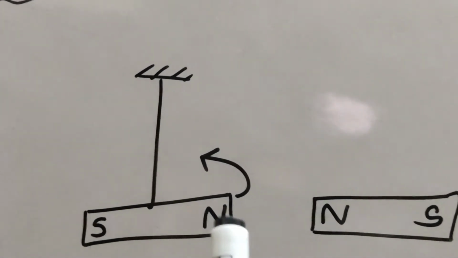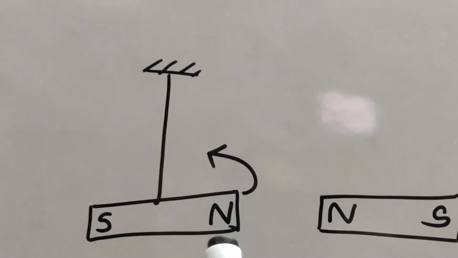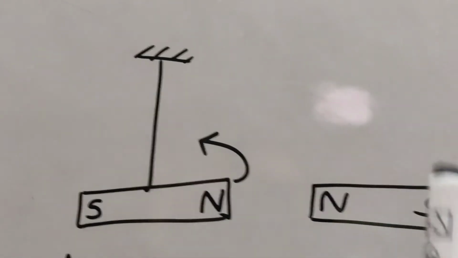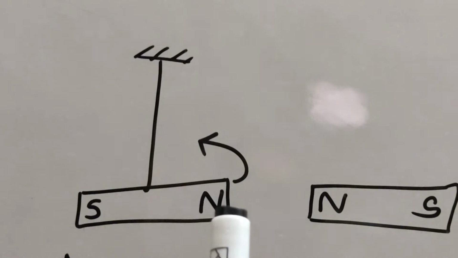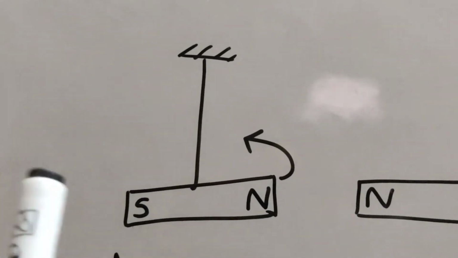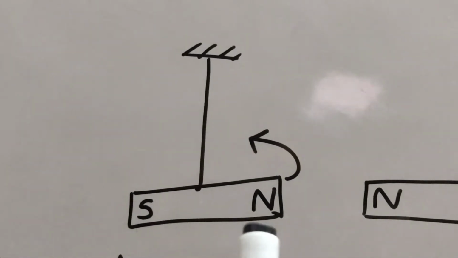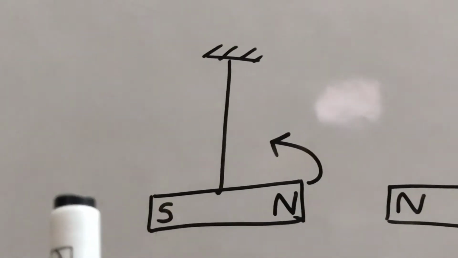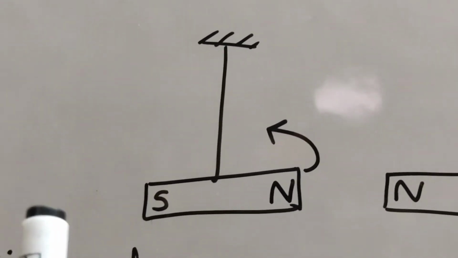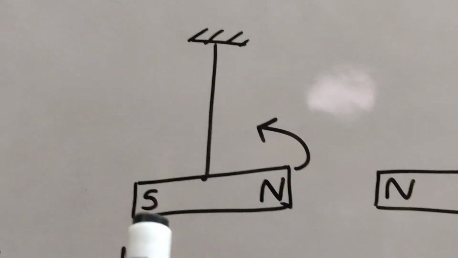Now this north pole of the magnet is lying towards this side. Obviously when it is freely suspended and no other magnet is close, this side we have north pole of the earth and this side we have south pole of the earth. So the end which is pointing towards north pole is called north pole of the magnet, and the other end which is pointing towards the south pole of the earth is called south pole of the magnet.